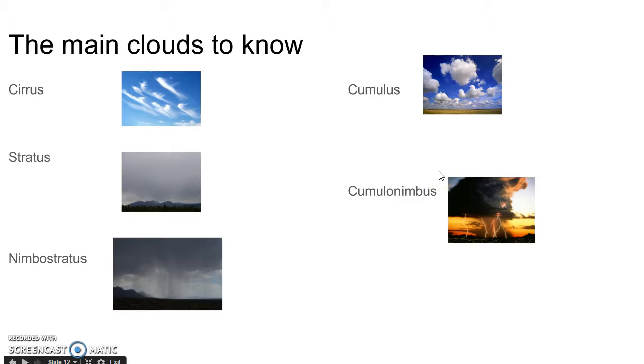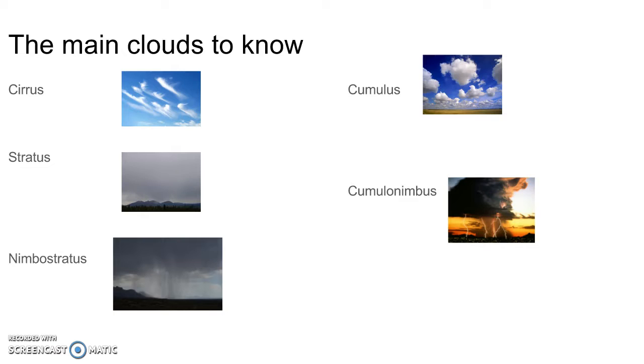Now, I posted an assignment for you to do where I want you to keep a journal, like a little log of cloud types that you see. These are the ones that I want you to focus on. It doesn't have to be perfect, but it should be at least approximately right. I'm not concerned if you mix up altocumulus and cumulus, but you should be able to tell the difference between a cumulus and a stratus.